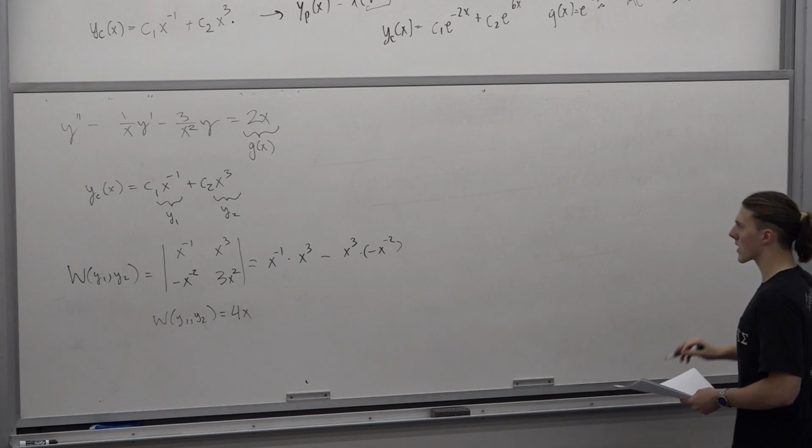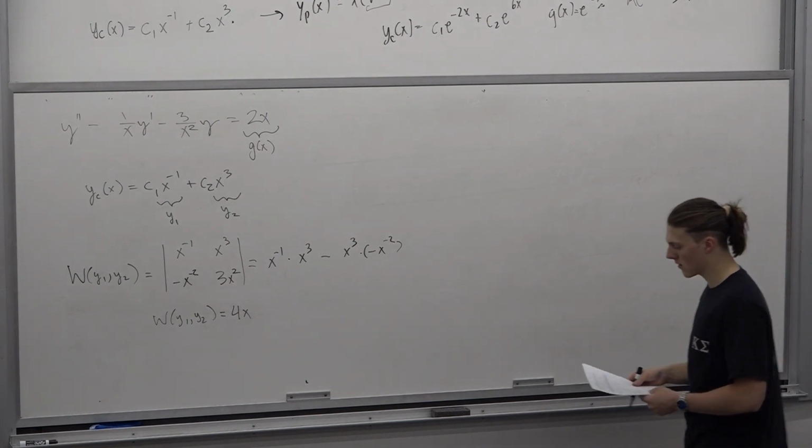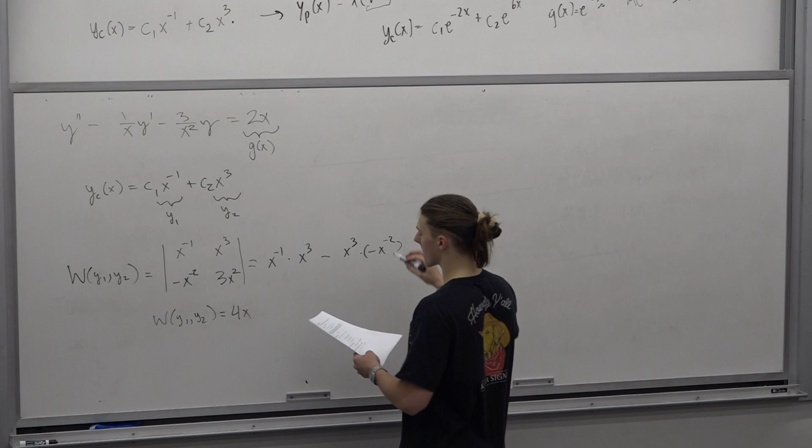Now that we have our Wronskian, we can plug this right into that equation for variation of parameters.